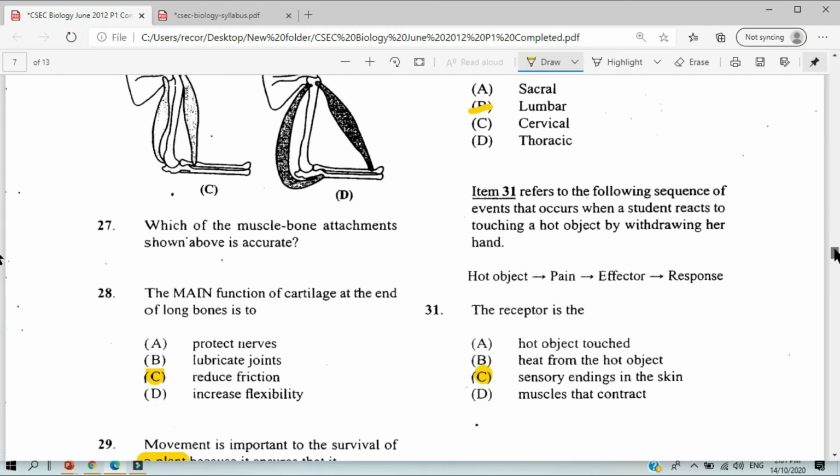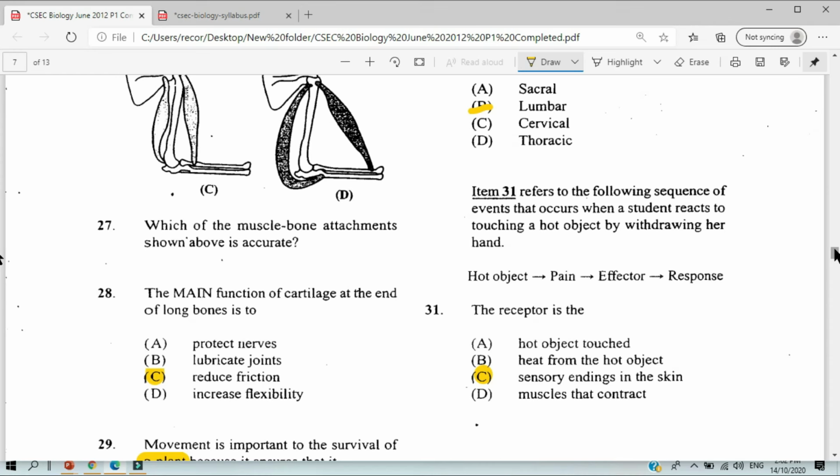Question number 31 refers to the following sequence of events that occur when a student reacts to touching a hot object by withdrawing her hand. Alright, so we have hot object, pain, effector, response.